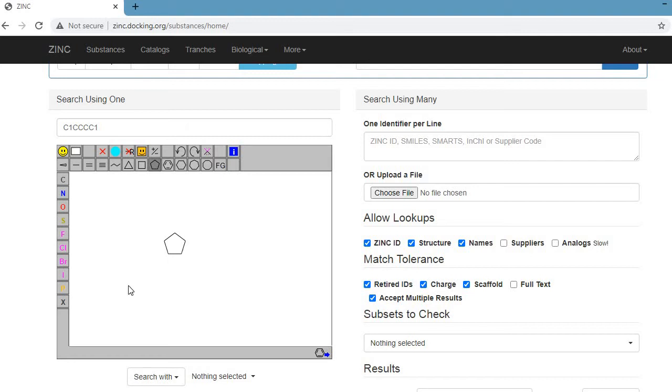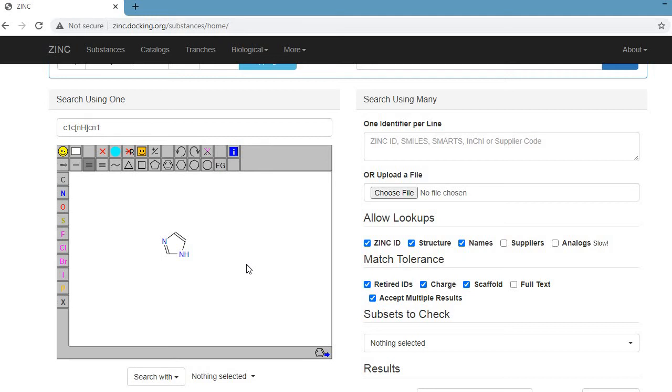Imidazole ring is a 5-membered ring having 2 nitrogens in the structure. I am drawing the structure of imidazole. You can take double bonds. Yes, this is the structure of the imidazole ring, and we can search this in the database to find out whether there are any main structures with this type of substructure present.